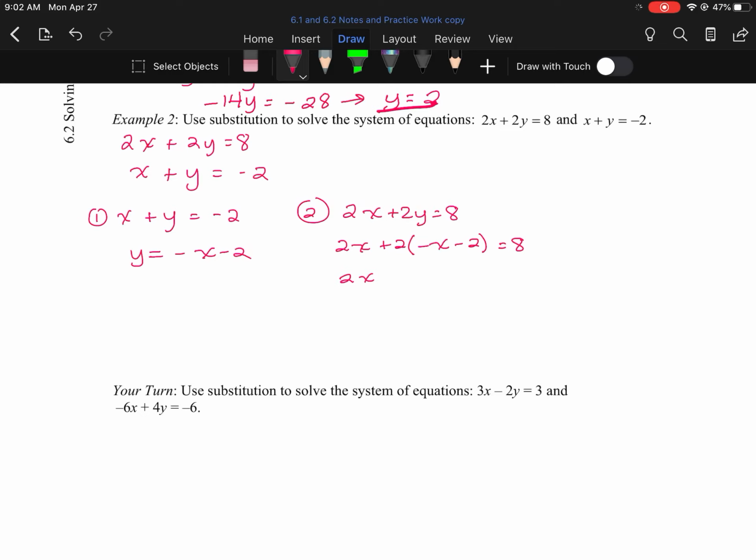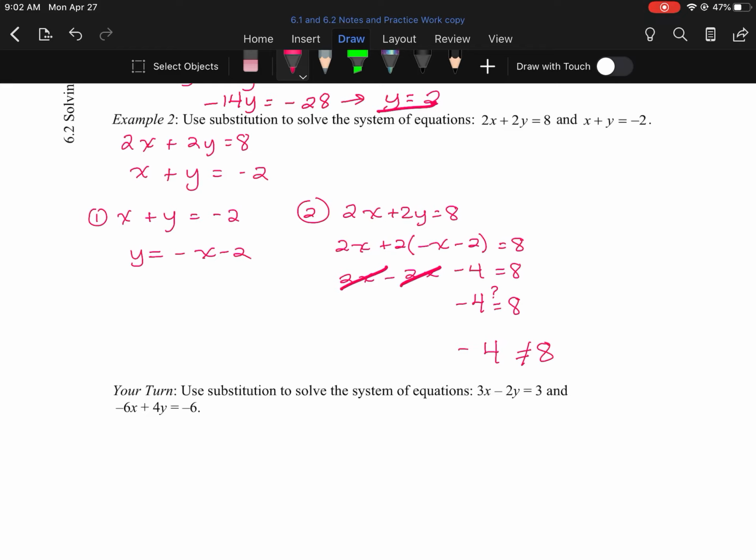And now solve. So 2x minus 2x minus 4 equals 8. 2x minus 2x, well, they cancel. So I'm left with negative 4 equals 8. What? Does negative 4 equal 8? Negative 4 does not equal 8.